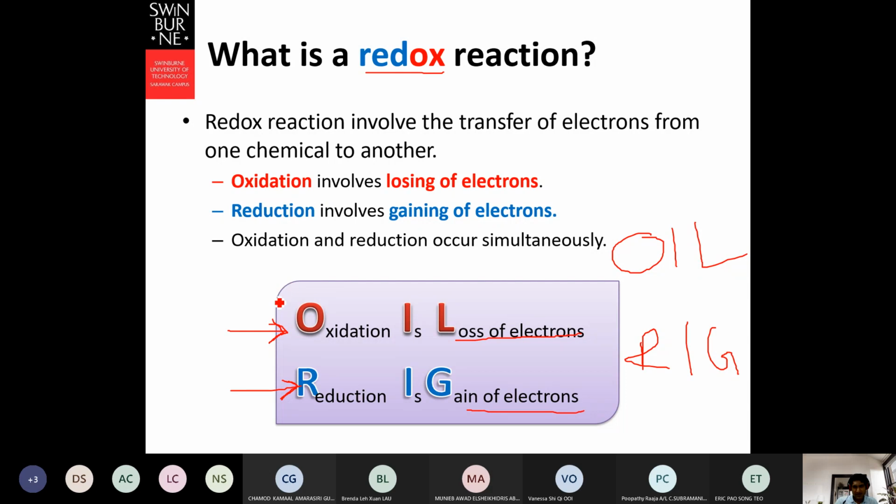But where oxidation is happening, that is a reductant. Okay. Where the oxidation is happening, that chemical is a reductant or reducing agent. So that's why I was saying that it is confusing, but if we understand it, it will be very easy.